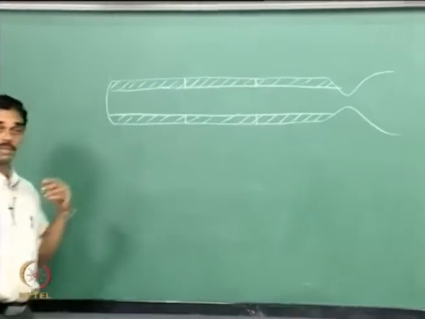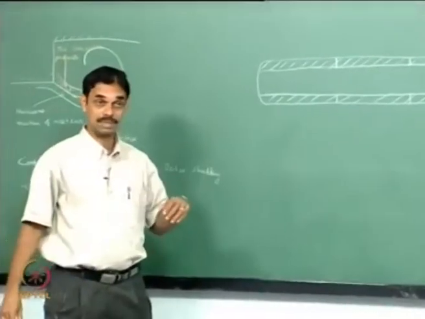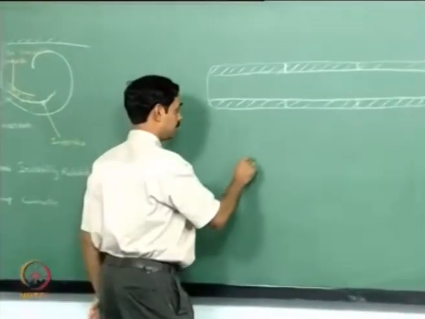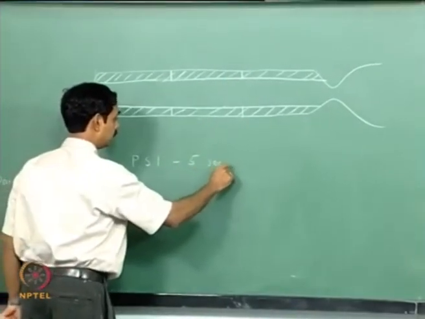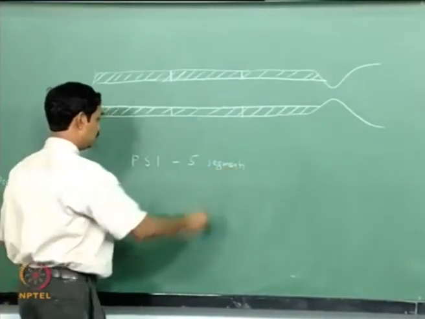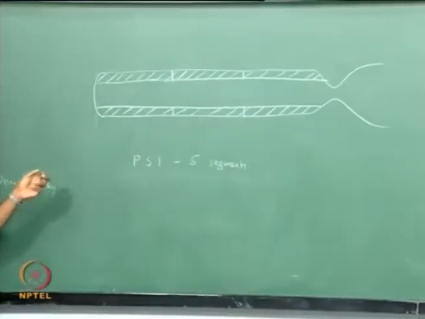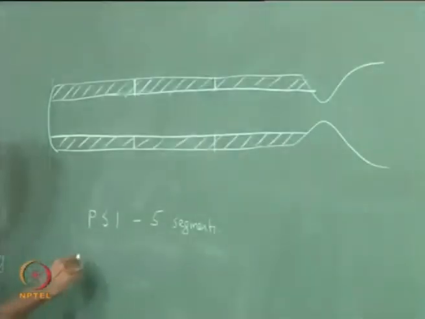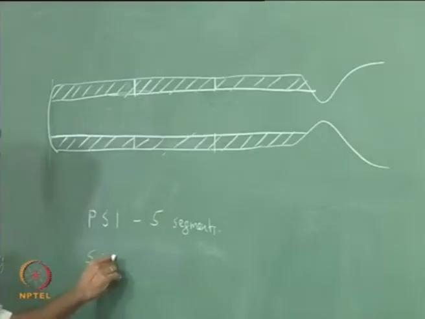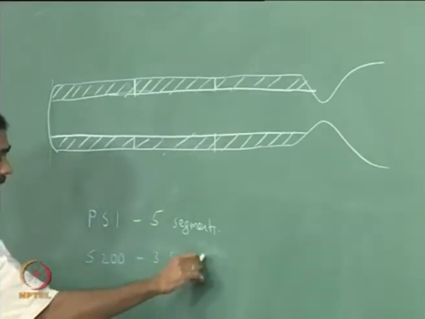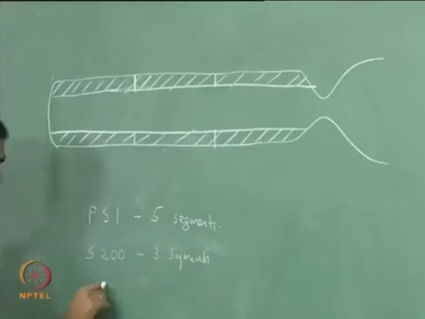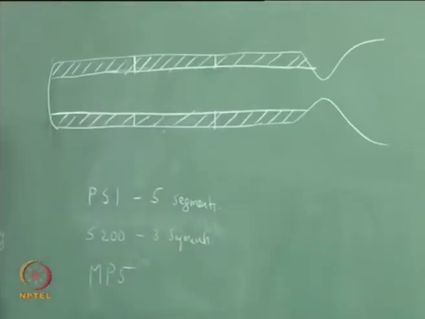Let's say we have put 3 segments. If you remember, the PS1 has actually 5 segments. This is the motor which is used in GSLV and PSLV. The new motor ISRO was building, called S200, has 3 segments. I think Ariane's MP5 motor has also got 3 segments.